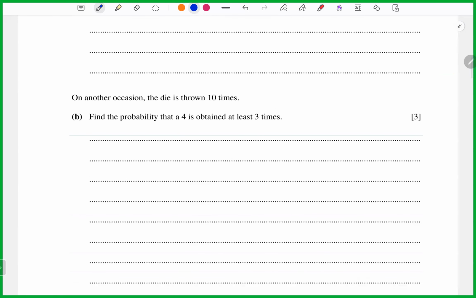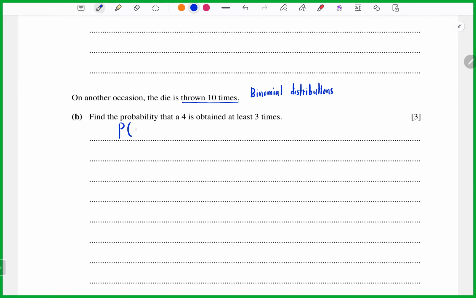Okay, we see the next question. On another occasion, the die is thrown 10 times. Find the probability that a 4 is obtained at least 3 times. You see, thrown 10 times, so you need to use the binomial distribution.